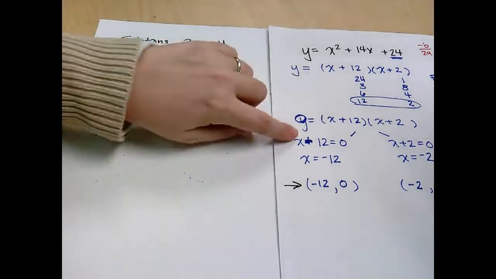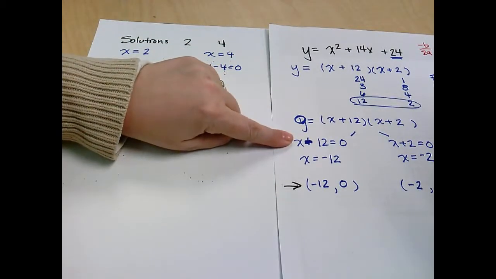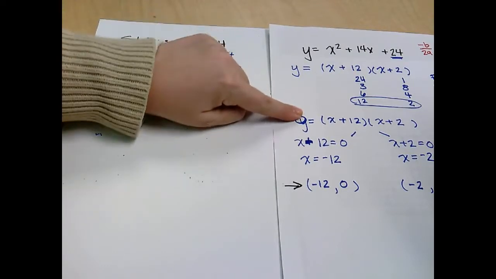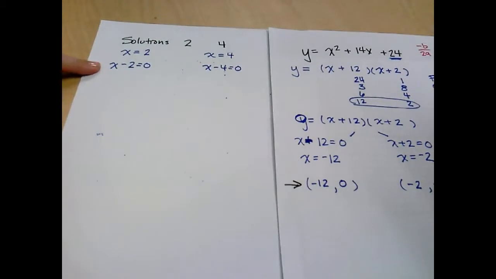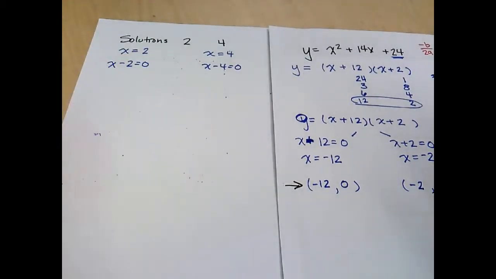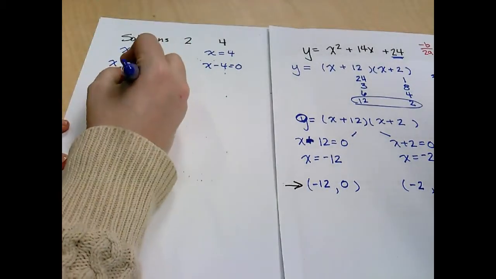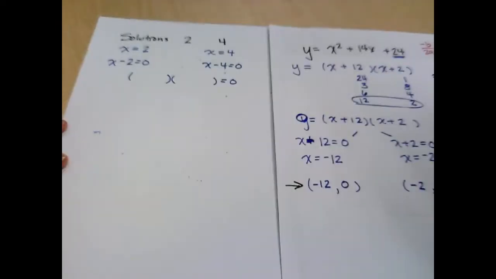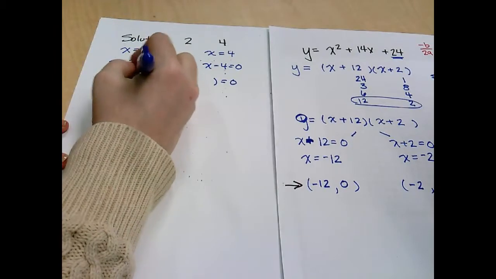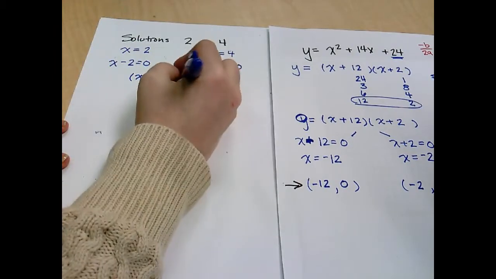And then if you remember right before then, I had them written as 2 separate binomials that were equal to 0. So I'm going to take the same piece and combine them together into 2 separate binomials that are equal to 0. So I have an x minus 2 and an x minus 4.